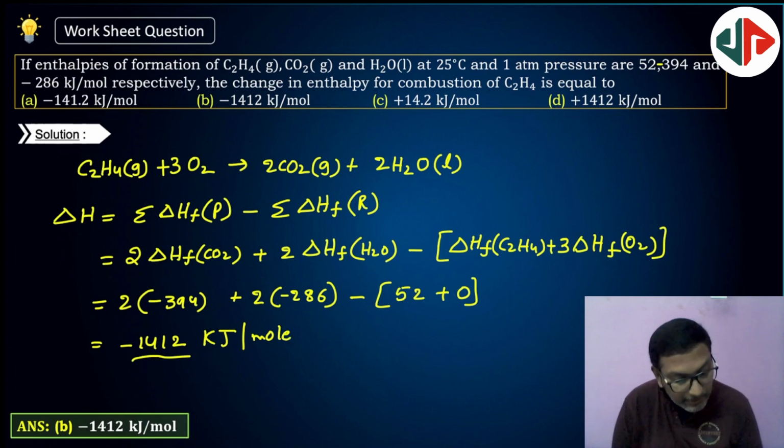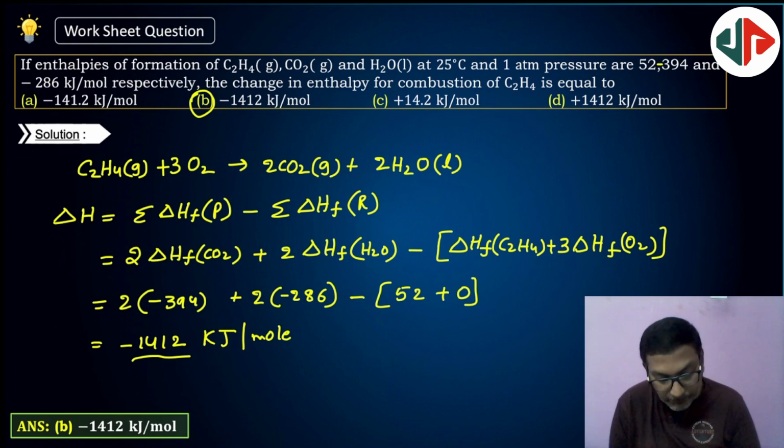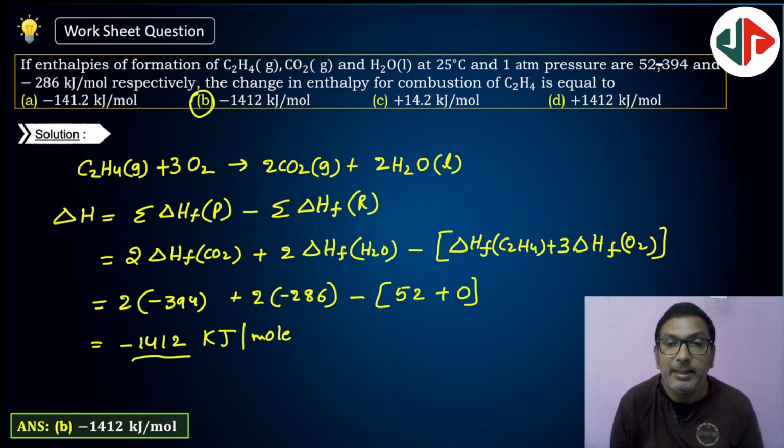So option B. Standard enthalpy of formation of O2 can be taken as 0, standard state. So in the question, minus 394 must be there for CO2. Minus 394.